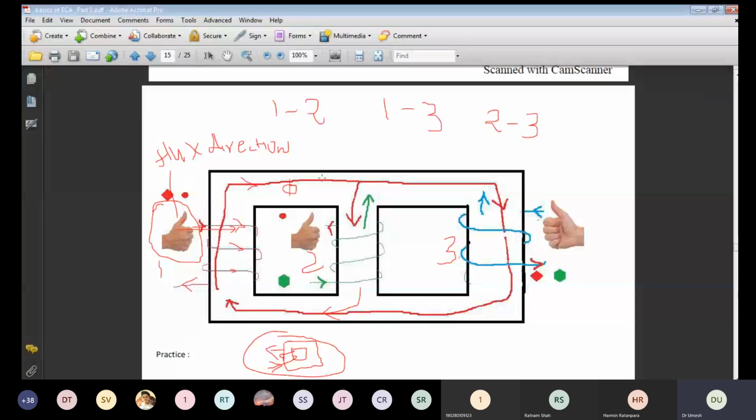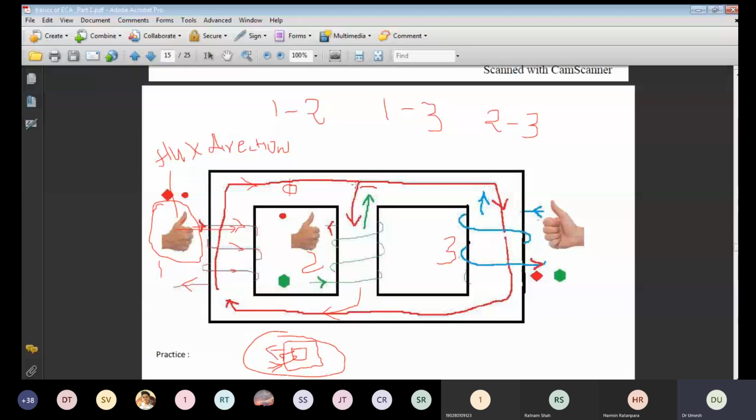So we know that this flux passes through the first winding like this. Now whenever flux passes through the winding, EMF is induced in a direction, right? EMF is induced in such a direction that it always opposes the flux which is given by the first winding.